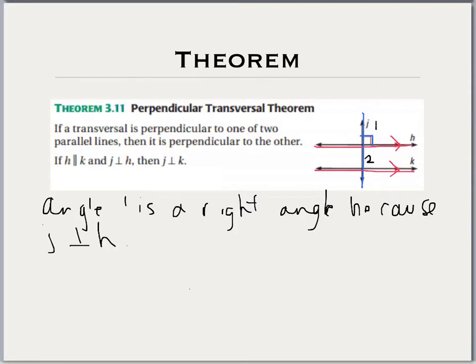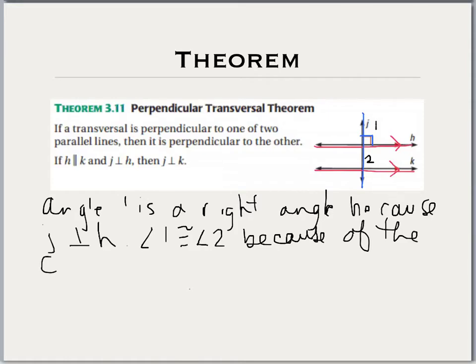We can say then that angle 1 is congruent to angle 2 because of the corresponding angles postulate.